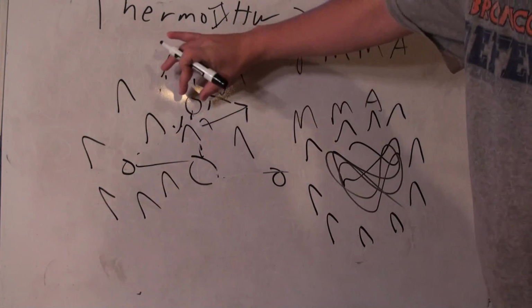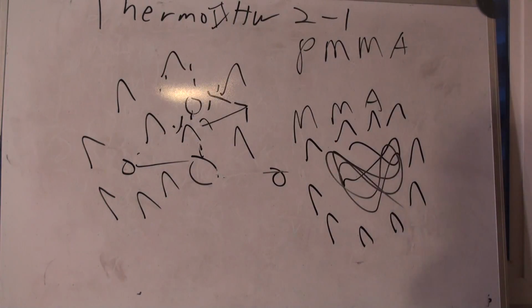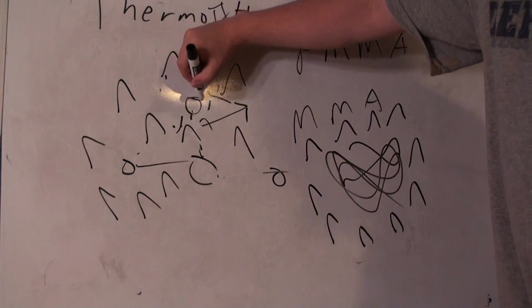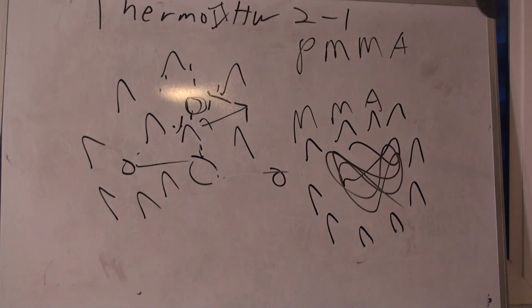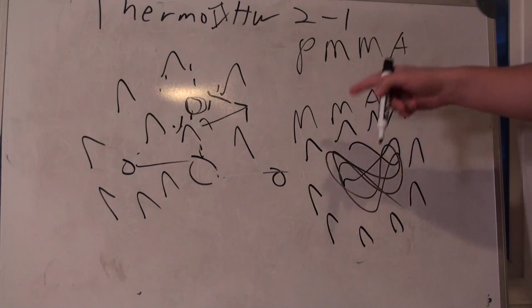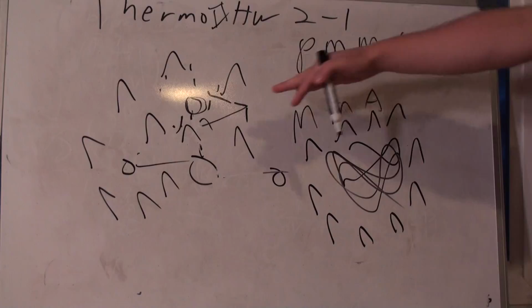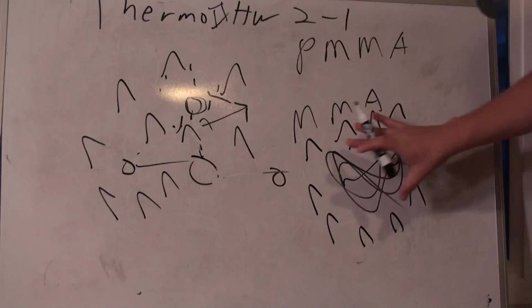it's only taking up this much volume. Okay, so you've got this much volume being taken up versus this much volume. And so what you have is an exclusion of space. The water can't hydrogen bond with itself as well because there's just too much polymer.